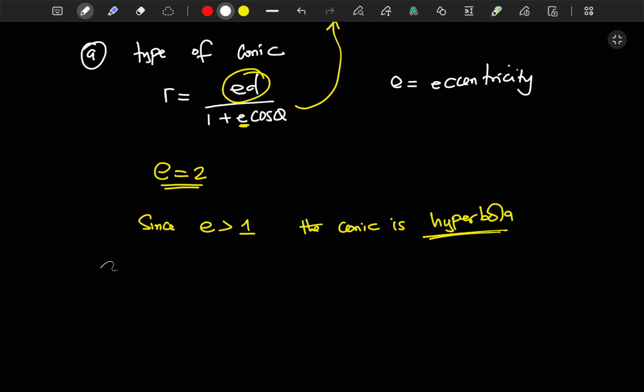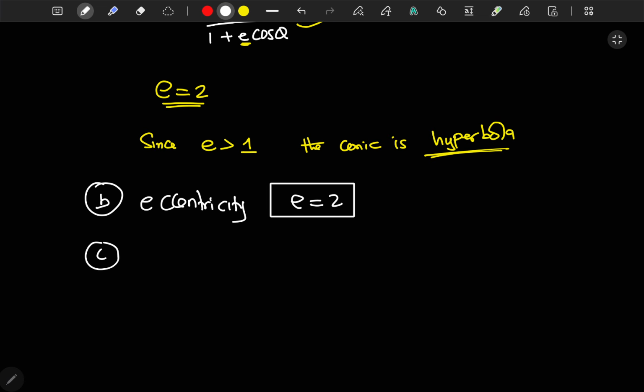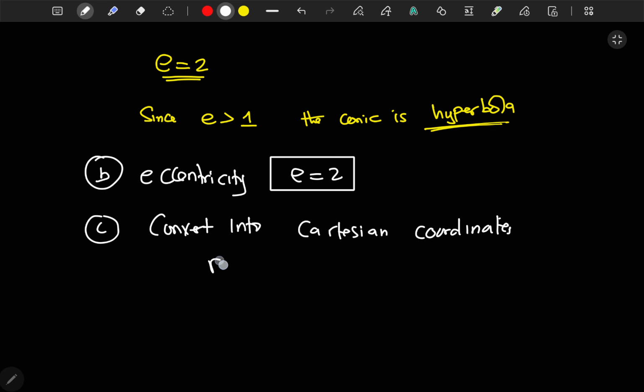Now, let's talk about the next part. Eccentricity we already found: e is 2. Now we want to convert this into Cartesian coordinates. Remember we've been given r = 6 / (1 + 2 cos θ).